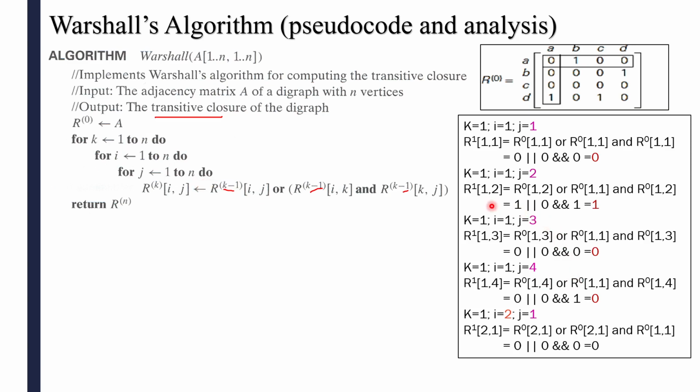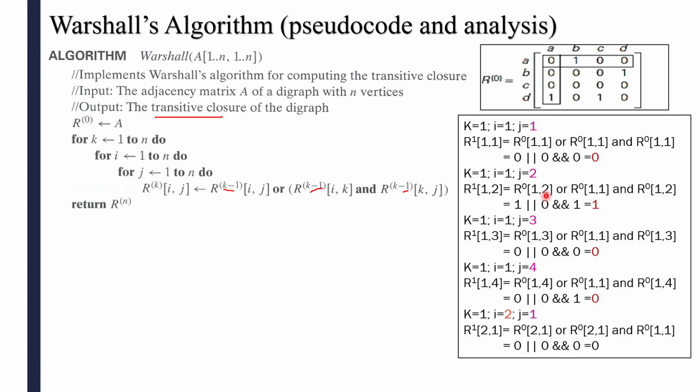Now, where I stopped, I'll increment the j value. So R of i is 1, j is 2, and R of 0, because k minus 1 is 0, with 1 comma j, where j is 2, and then k comma j, which is 1, 1 and 1 comma j. In the place of j, I now substitute 2 here.